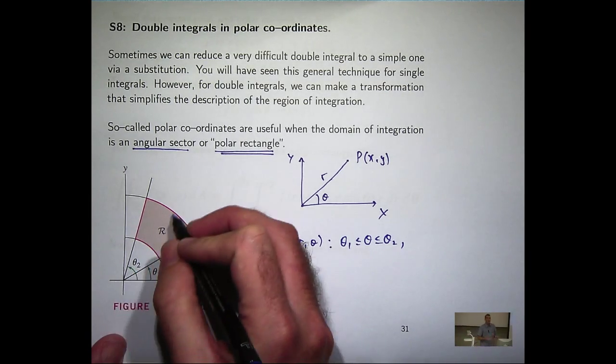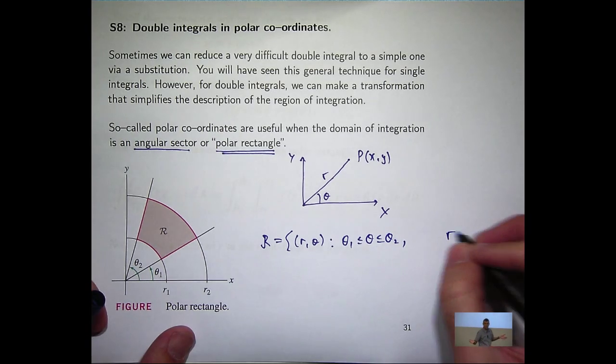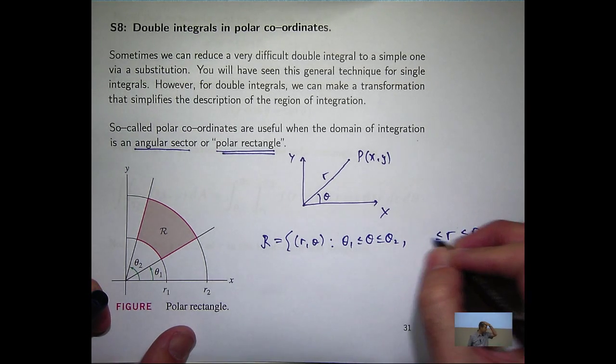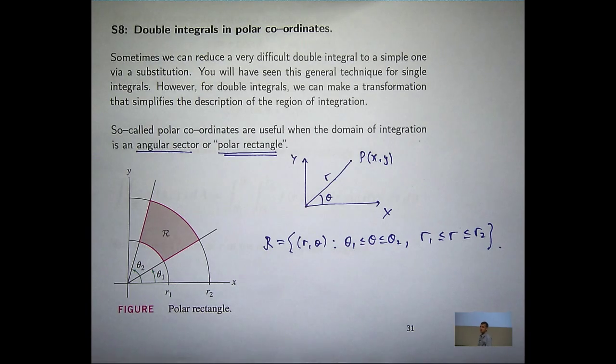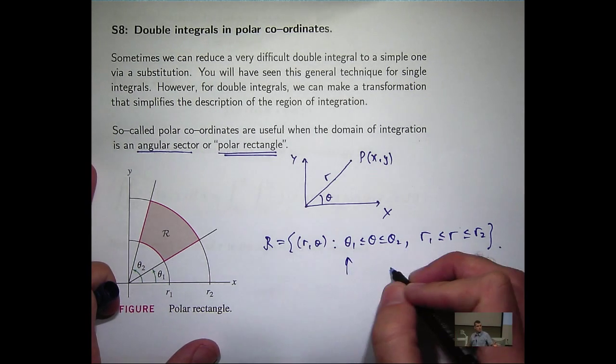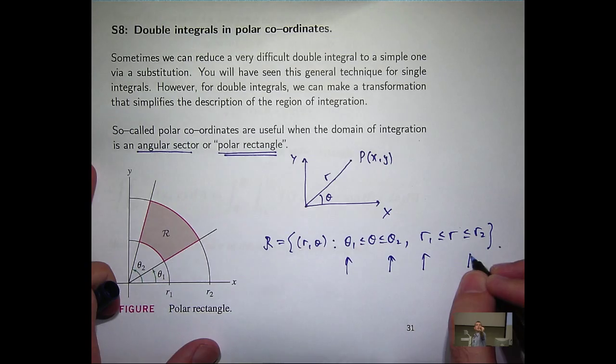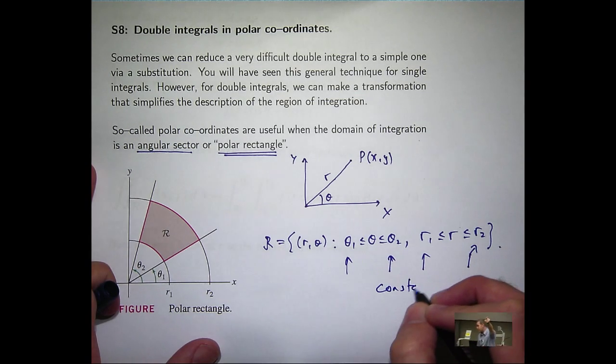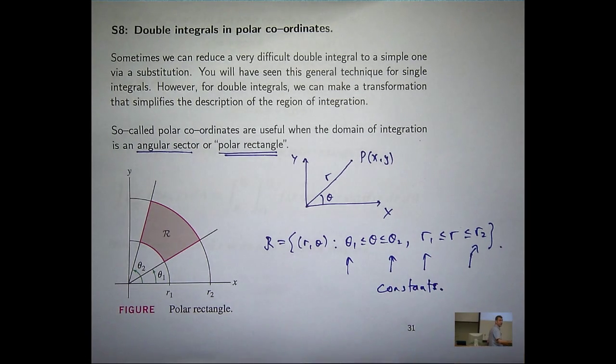From here to here, that distance is r1, and from here to here, that distance is r2. They're constants. Now, if you think how you describe a rectangle in the xy plane, you use x between a constant a and a constant b, y between a constant c and a constant d. So it's very similar.